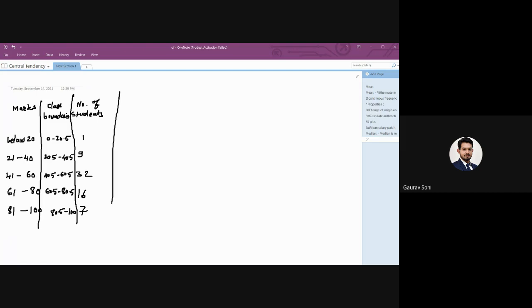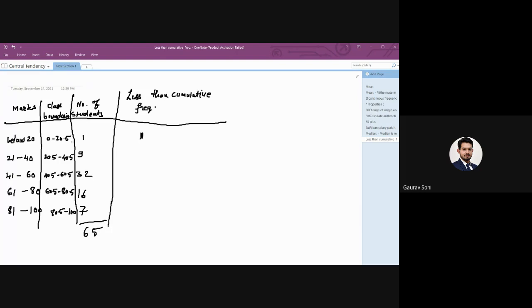Now let's get started. What is the sum? 65. So I'll draw the less than cumulative frequency table. How do you find less than cumulative frequency?